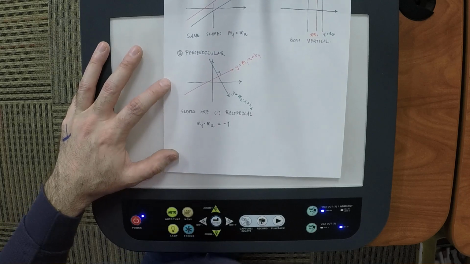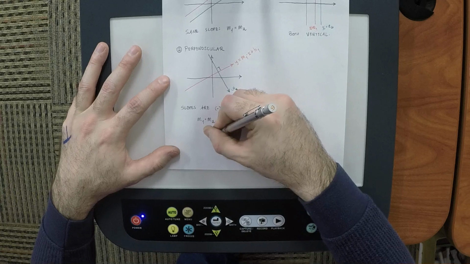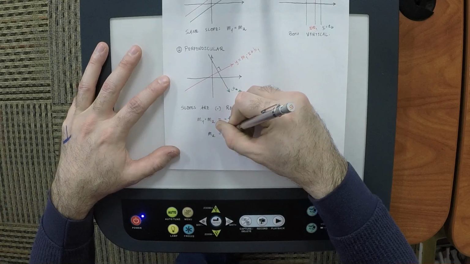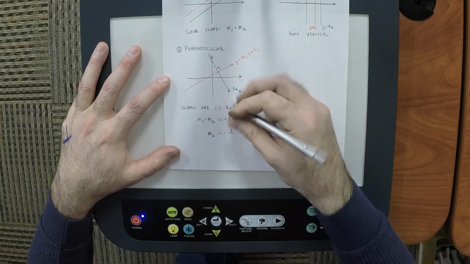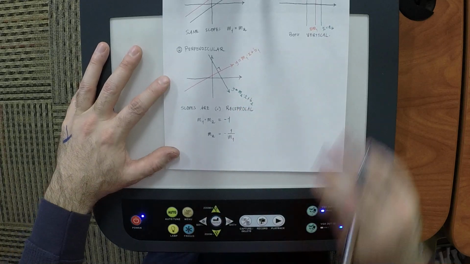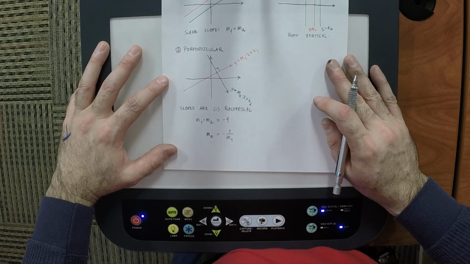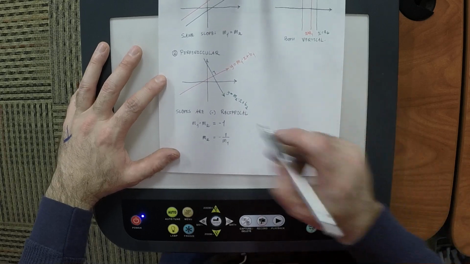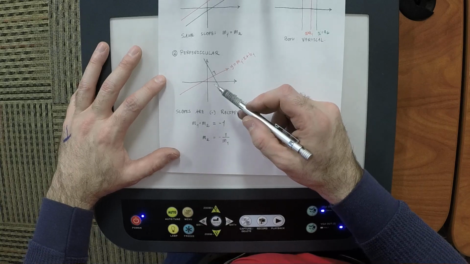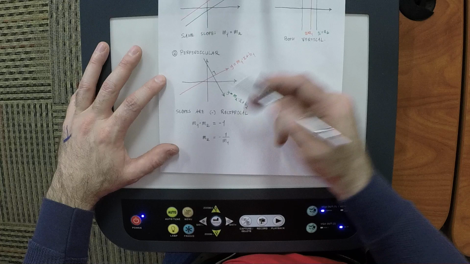But for the purposes of computation, it's usually a little easier to solve for m2 and say that m2 is -1 over m1. All right. So that's one possibility for perpendicular. What's the other possibility? Right.